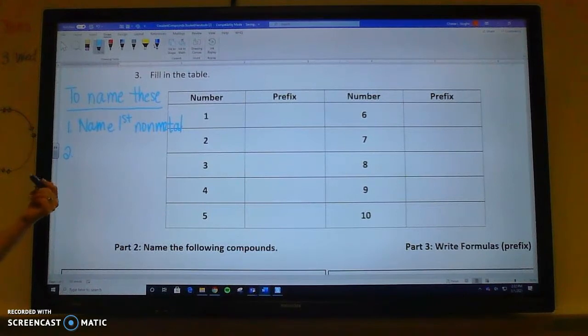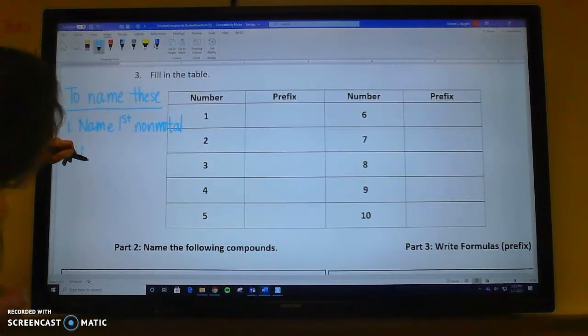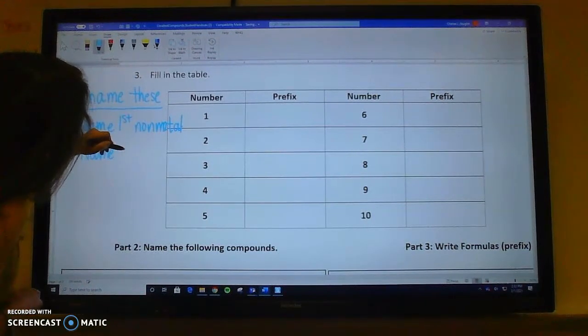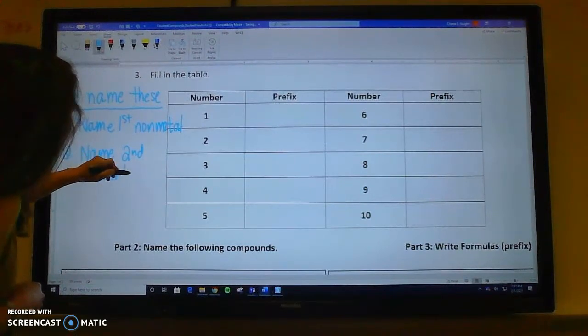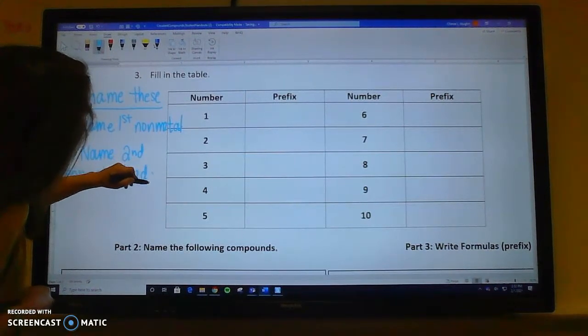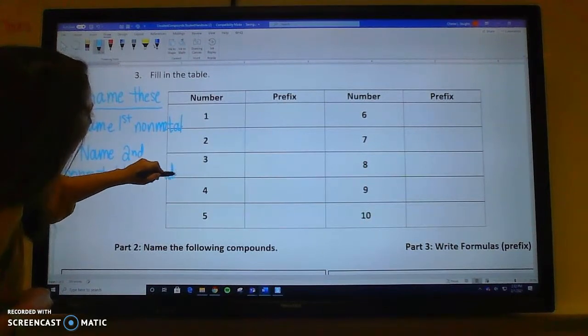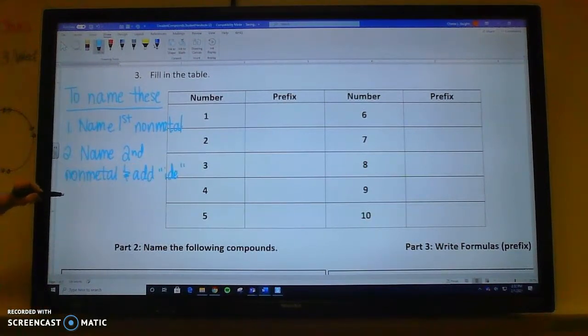So these get the IDE ending also, just for the second one. The third and final step is to add prefixes for the amount in the formula, for the subscripts.